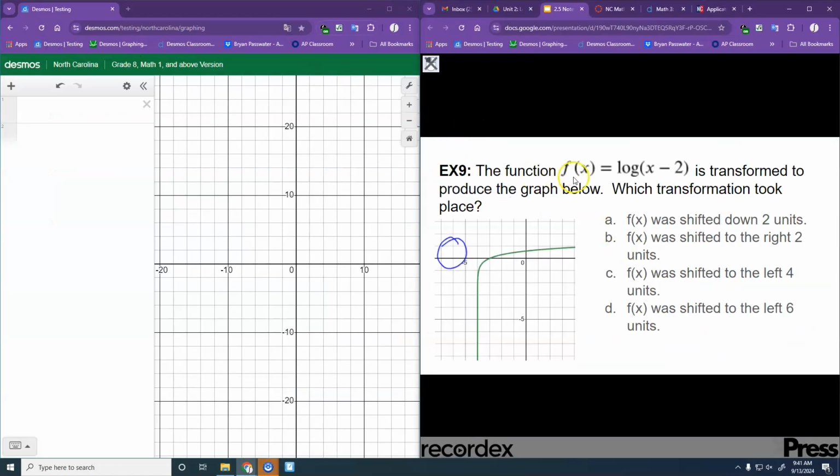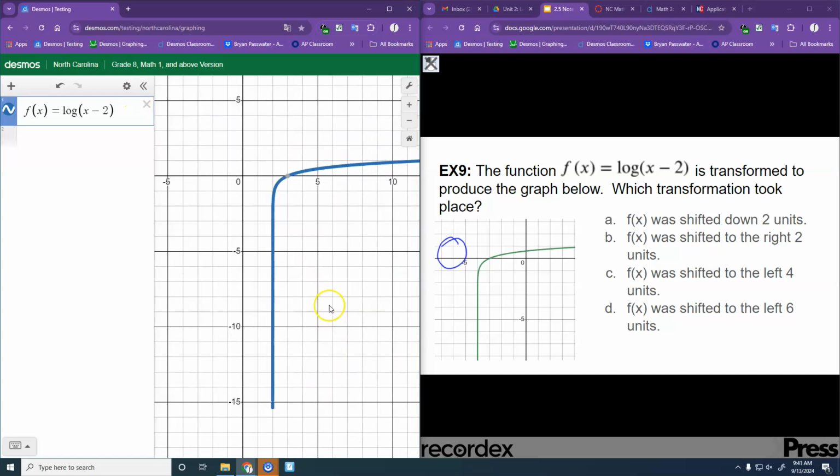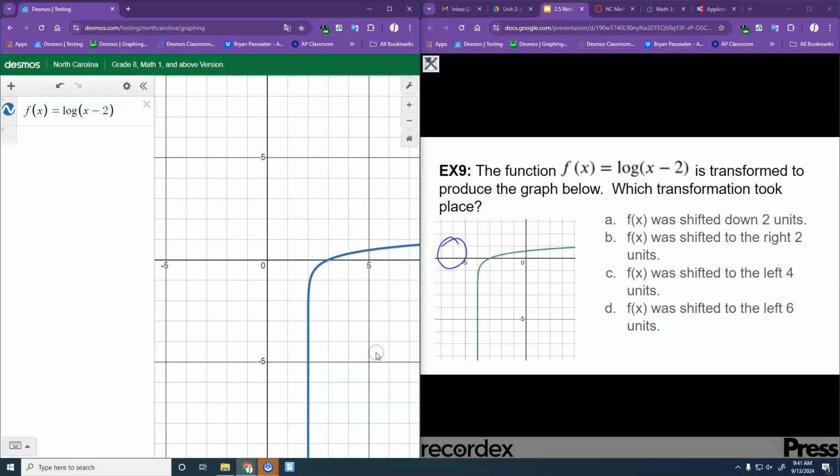All right. So I've got f of x equals log of x minus 2. That graph looks like this. It's transformed to produce this graph. Now, I can't type that one in because they didn't give me the equation. But I'm starting with this blue graph.